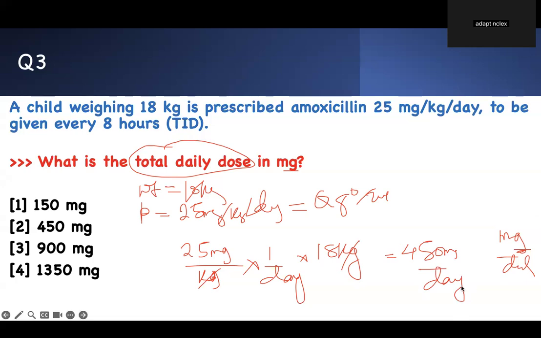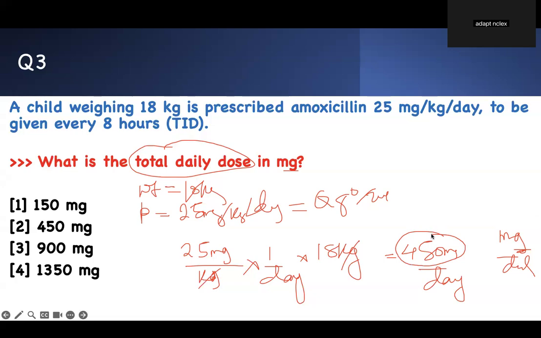A patient is going to get 450 milligram per day, right? They say, what is the total daily dose in milligram? Therefore, in each day, it's going to get 450 milligram per day.